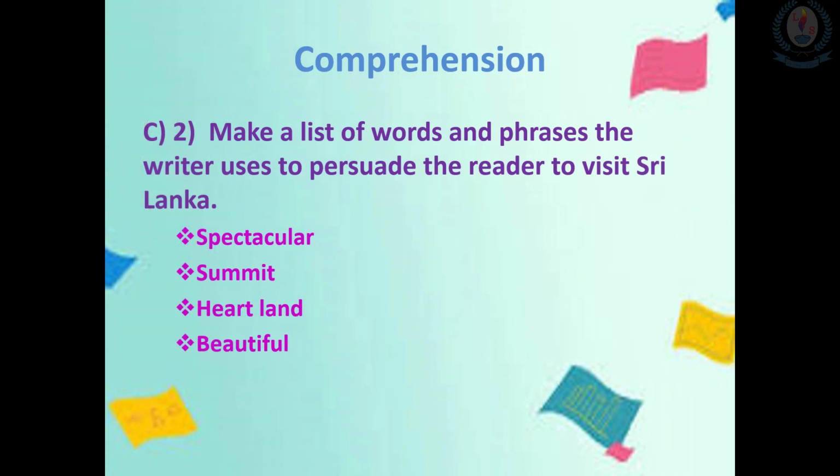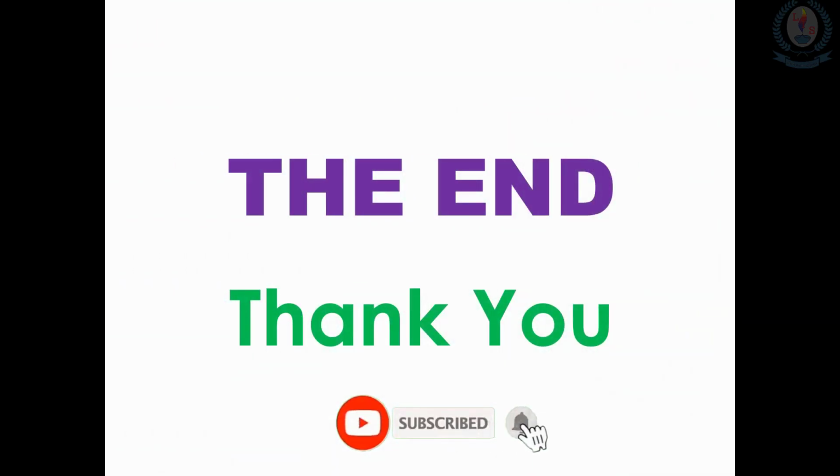Make a list of words and phrases writers use to persuade the reader to visit Sri Lanka. Spectacular, summit, heartland, beautiful are some words used to attract tourists to Sri Lanka. Presentation. Thank you for listening.